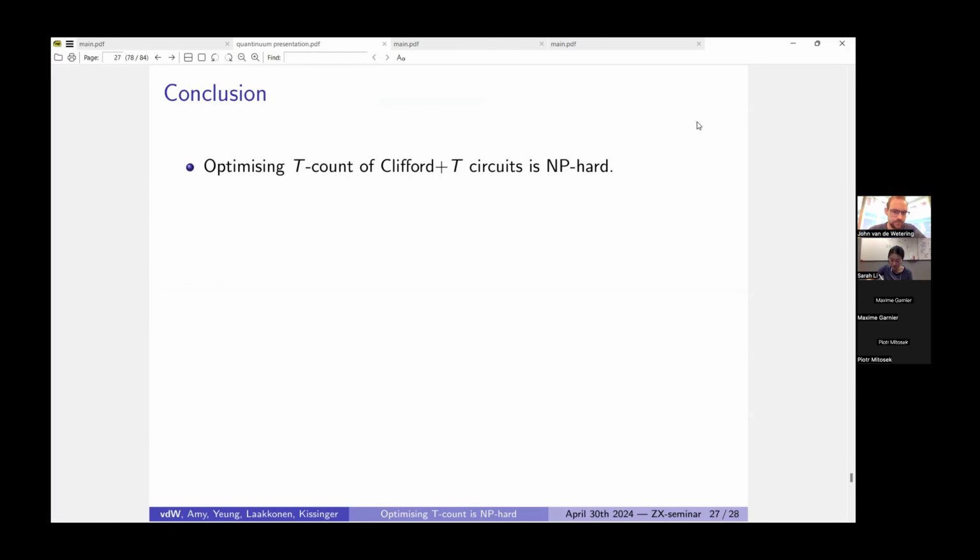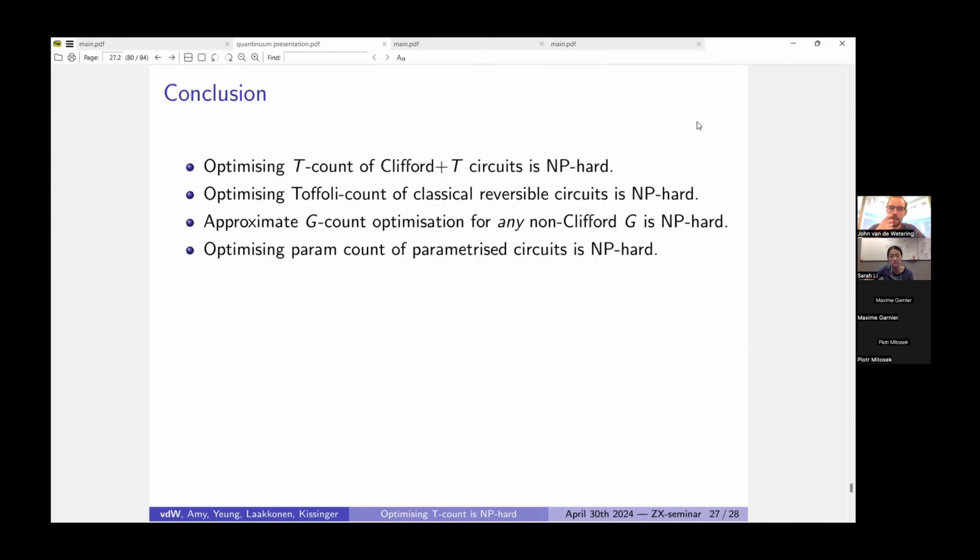Okay, so to conclude. We've seen that optimizing the T count of a Clifford+T circuit is NP-hard. Also, the Toffoli count of classically reversible circuits is NP-hard. We've also seen that approximate G count optimization for any non-Clifford G is also NP-hard if the approximation factor is small enough.